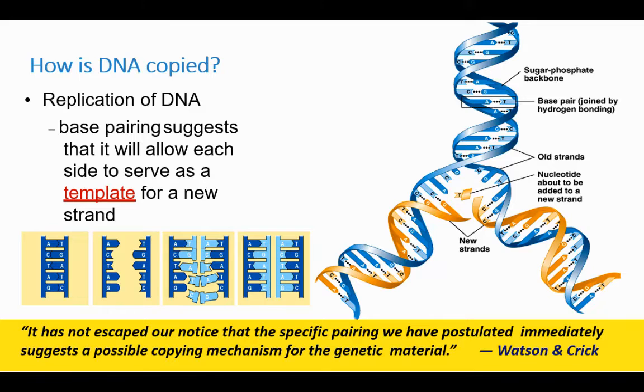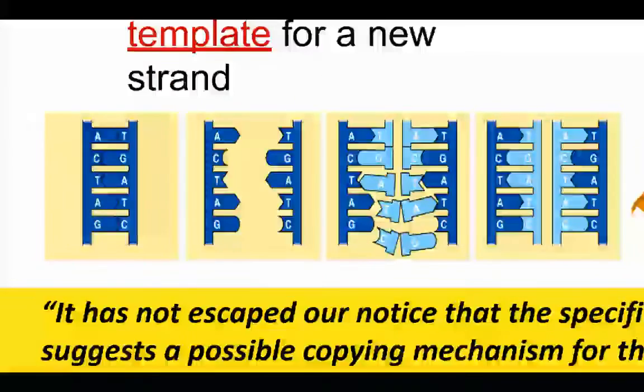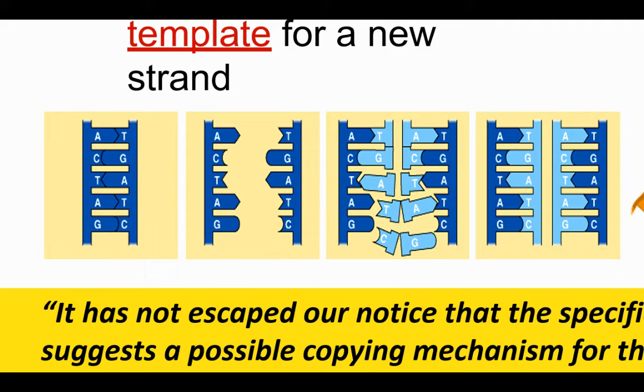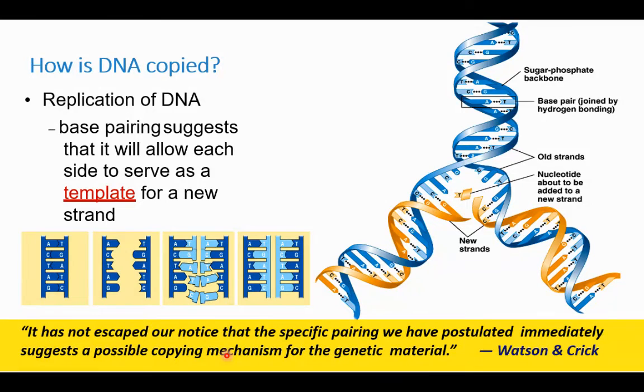You have your DNA, they separate, and then the specific pairs will be created. The partner of each component will be creating a new strand for it. That's why it's called semi-conservative. Half old, half new.